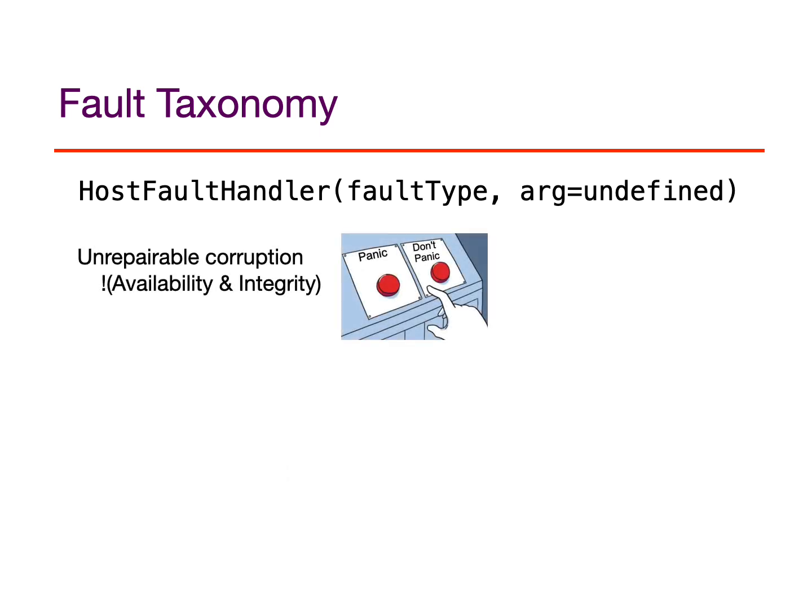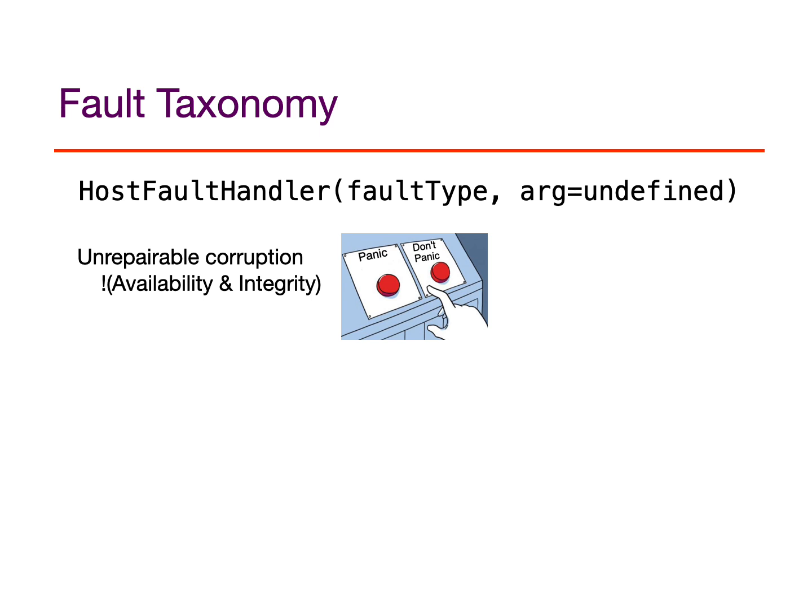So after unrepairable corruption has happened, the most important part of our taxonomy is that it's not possible to continue with both availability and integrity. You can't compute forward from unrepairable corruption, preserving both availability and integrity.